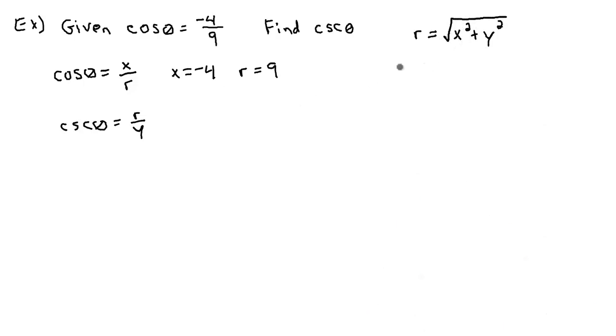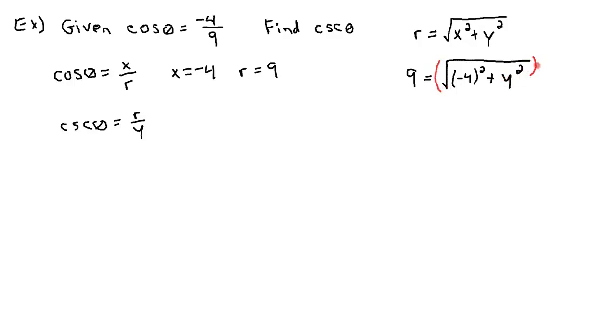So I'm going to say our r is 9, which equals x squared, that's going to be -4 squared. And then we want to add y squared and take the square root of all that. So the first thing you want to do to solve for y here is undo this big old radical there.